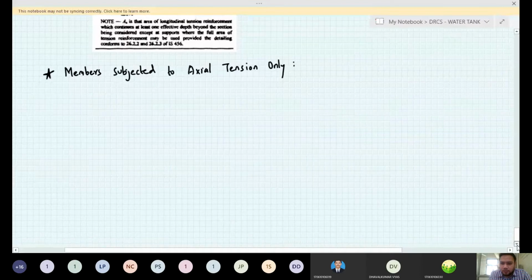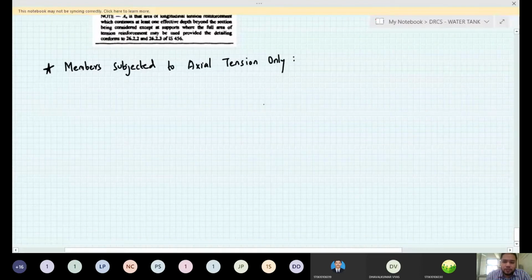Sometimes the components of a tank or a tank as a whole may be subjected to axial tension only. So how to design such members, that we will see in this topic.